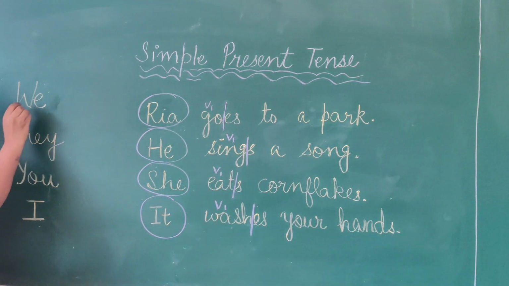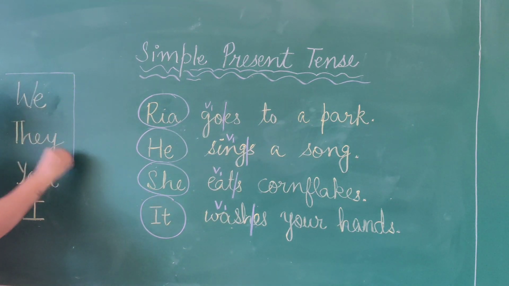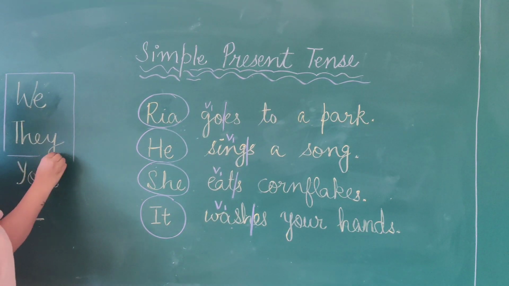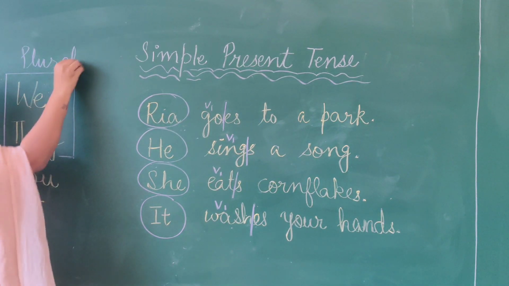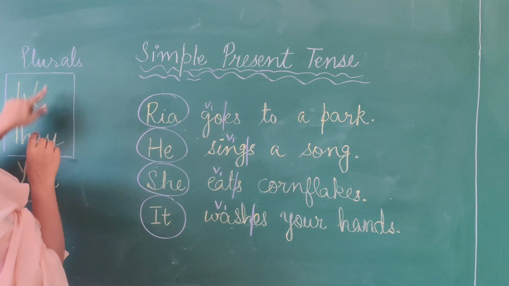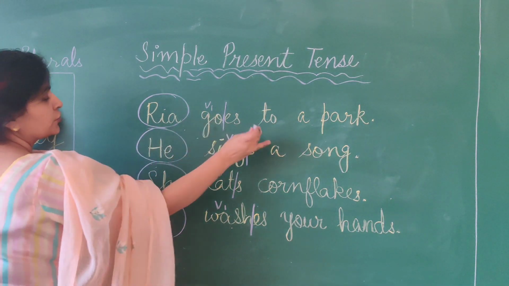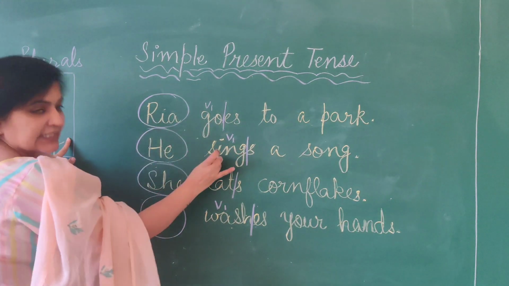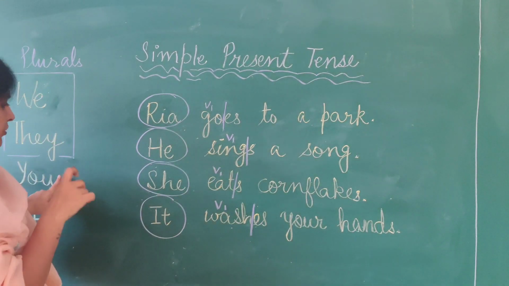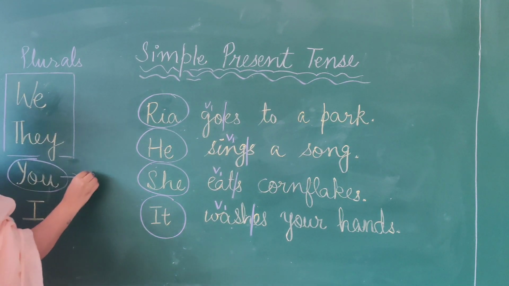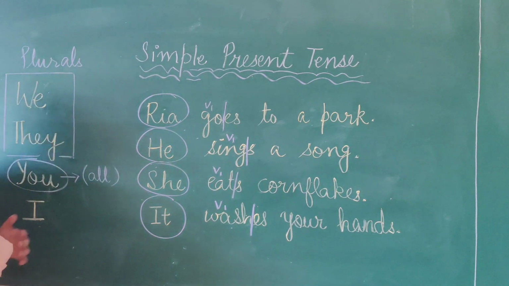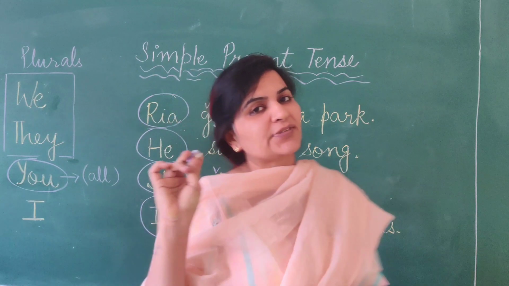Okay. Now here if you see we and they, these are plurals. Right. So when we use this, we go to a park, they sing a song. Okay. Then it was you. Now you children, it has the word all also hidden. So it can be a singular as well as a plural.